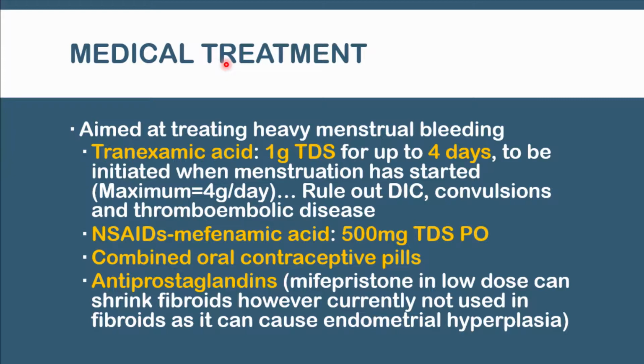And funny enough, though we do not use this as standard treatment because it causes endometrial hyperplasia, some antiprostaglandins such as mifepristone in very low doses can actually cause a fibroid to shrink, but we do not currently use them because they're going to cause endometrial hyperplasia.